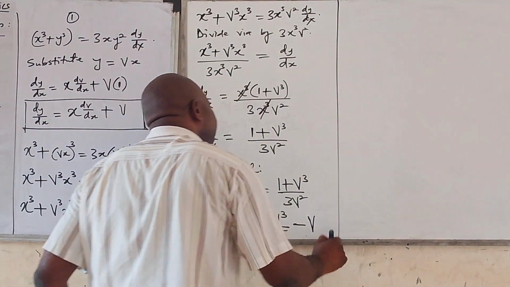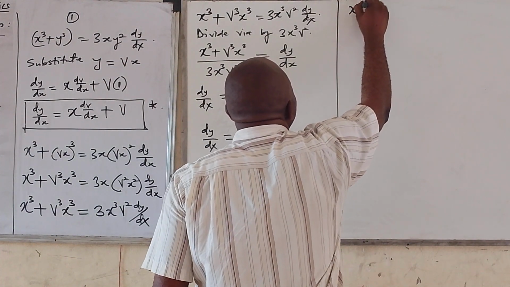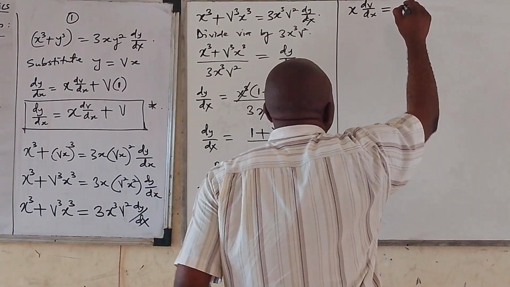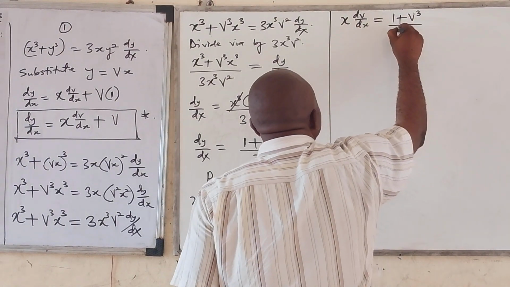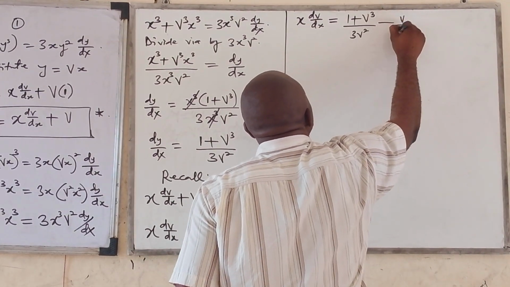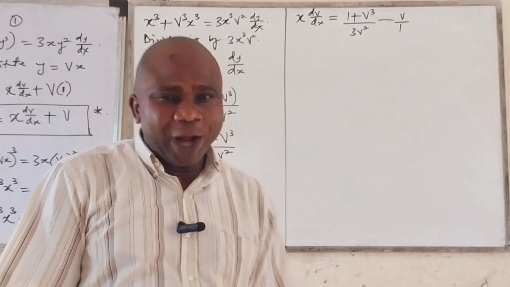So it therefore means that here we have x dv all over dx will be equal to 1 plus v raised to the power of 3 all over 3v squared minus v all over 1. Yes, v is essentially the same as v all over 1.